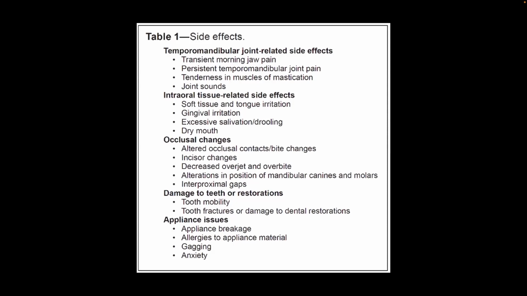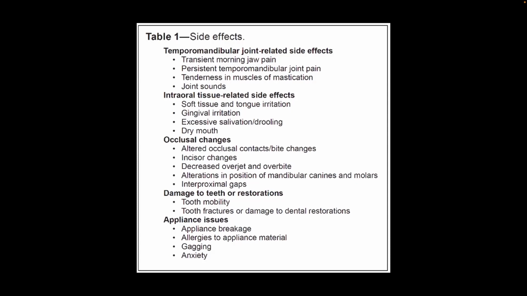The purpose of tonight's lecture is to focus a little bit on temporomandibular joint side effects and how we can potentially mitigate those with appliance choices and appliance design, and then focus in on occlusal changes. I think that's the big one, altered occlusal contacts or bite change. And I feel like all of these under the occlusal changes category can be interrelated and kind of called one or potentially the other.